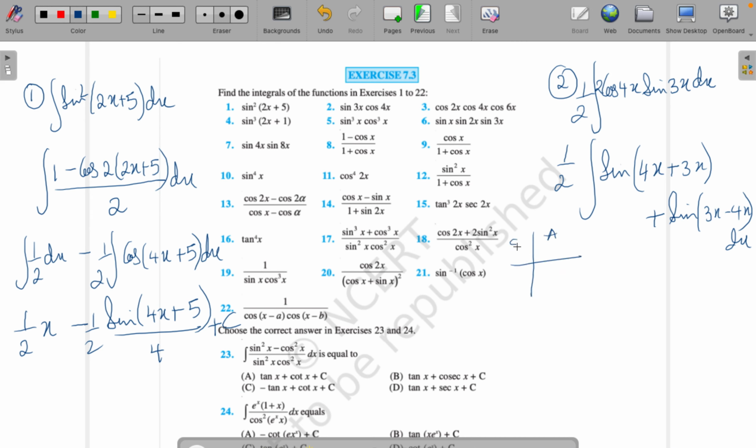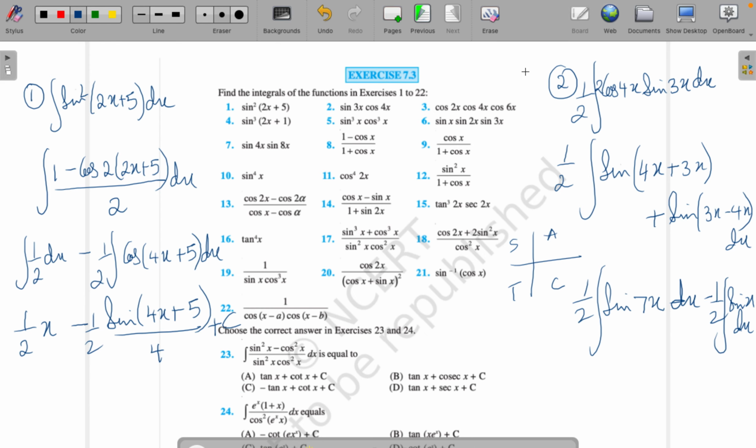And after school, to college, in the fourth quadrant, sine is negative. So the minus sign will come out, right? So this question will become half integration of sin 7x dx minus half integration of sin x dx, right? I already explained why sine of minus x is negative, minus sin x.